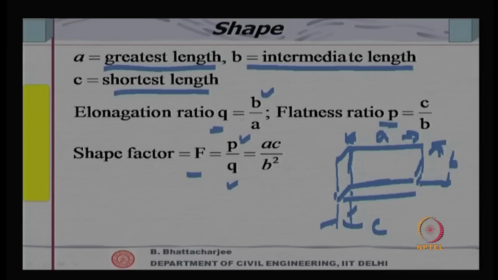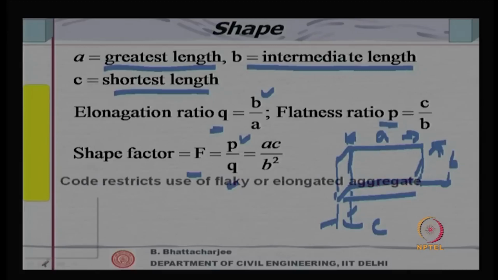Now, if B by A is small, that means it is elongated. If C is small compared to B, then it is flat. So, elongation ratio and flatness ratio give you shape factor, which is one of the ways of quantifying shape.